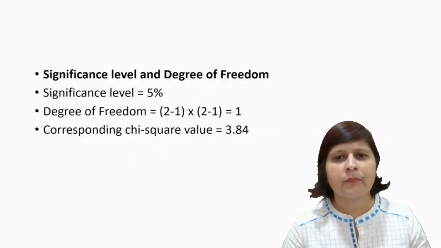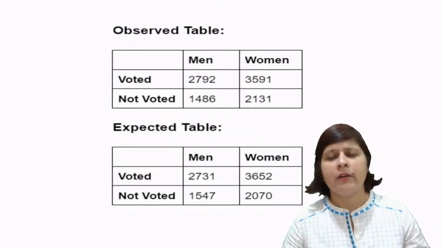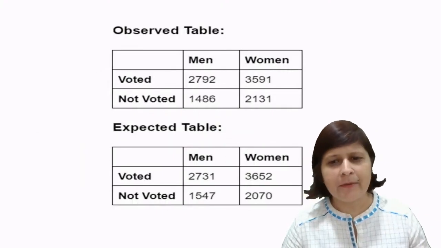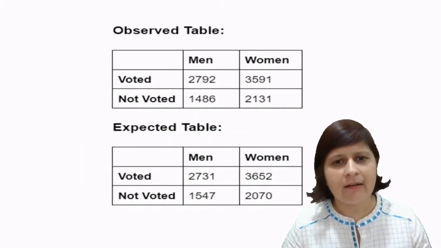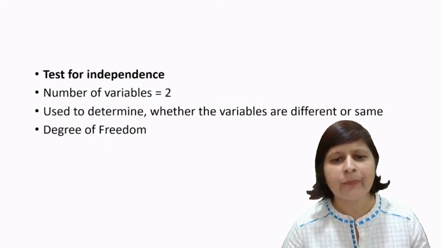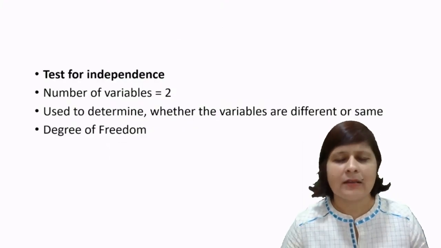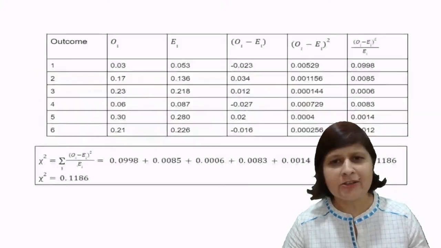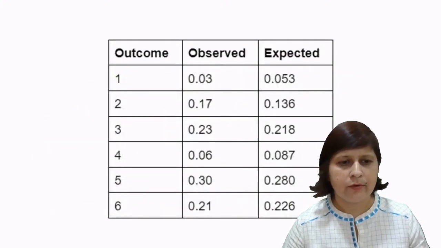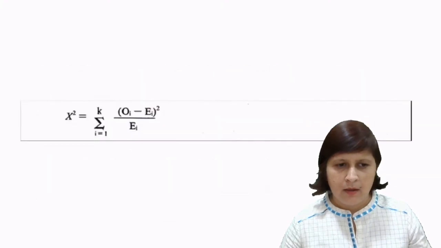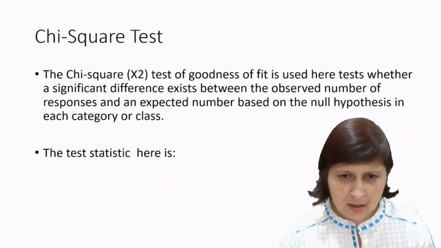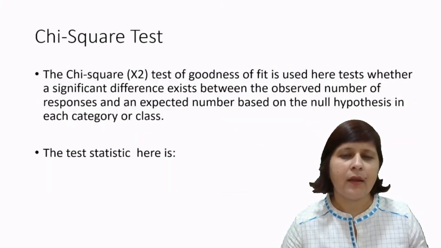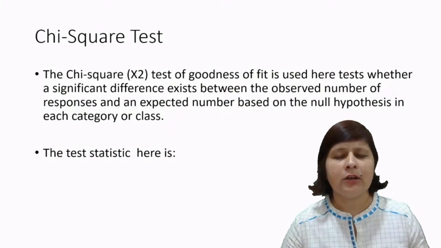Chi-square test, a non-parametric test, right? We'll continue with more non-parametric tests in our next lecture. But I hope that this chi-square test, or goodness of fit test, is clear to you, right? We carry out non-parametric tests.